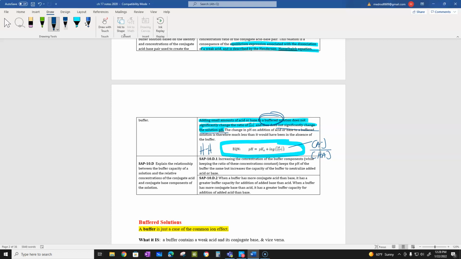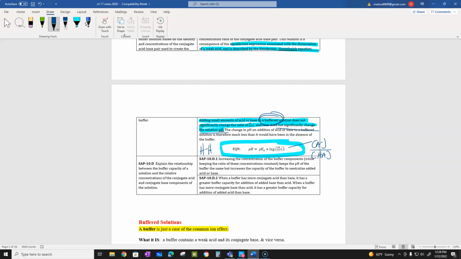The change in pH on addition of acid or base to a buffer solution is therefore much less than it would be in the absence of the buffer. So if I did not have a buffer solution and I just added some more acid or base, oh, it's going to change pH, okay? But if you have a buffer solution, it's not going to change the pH much.